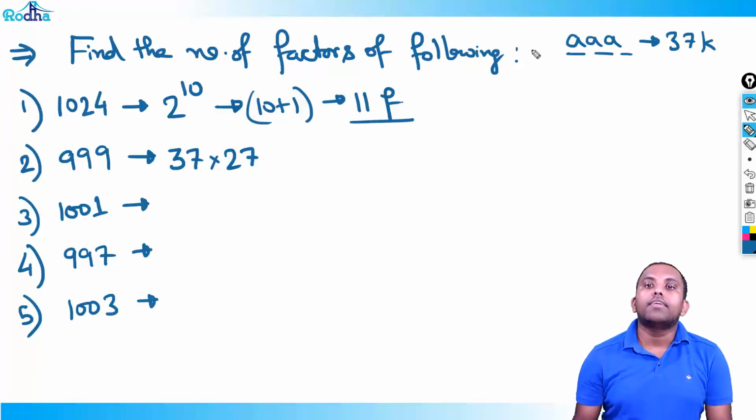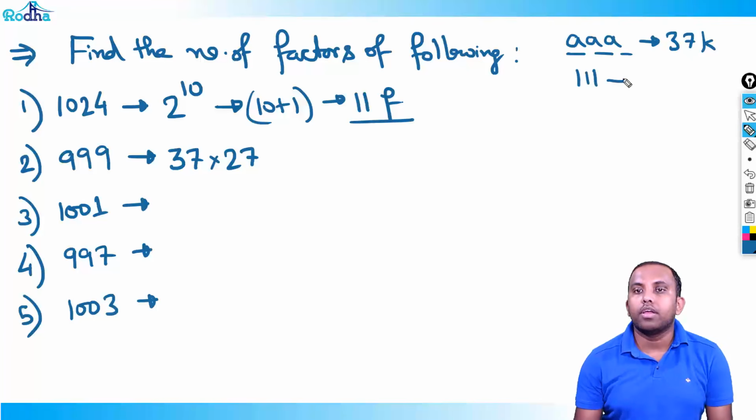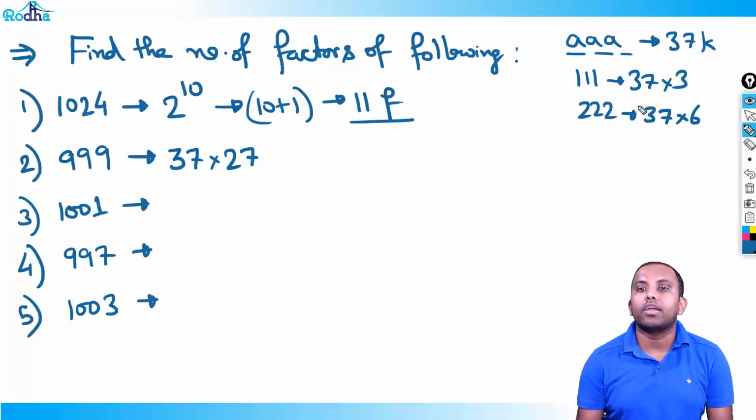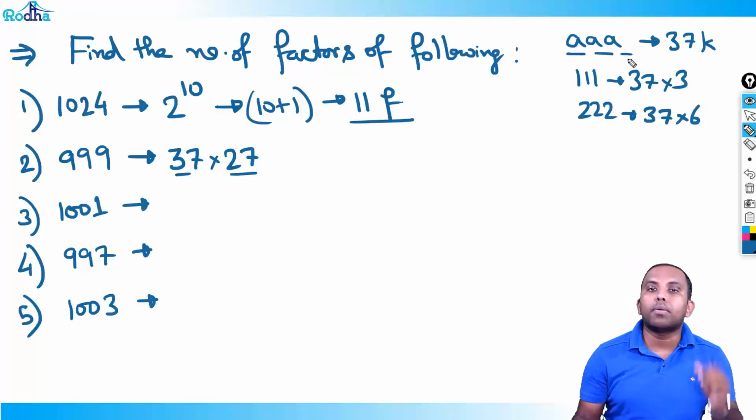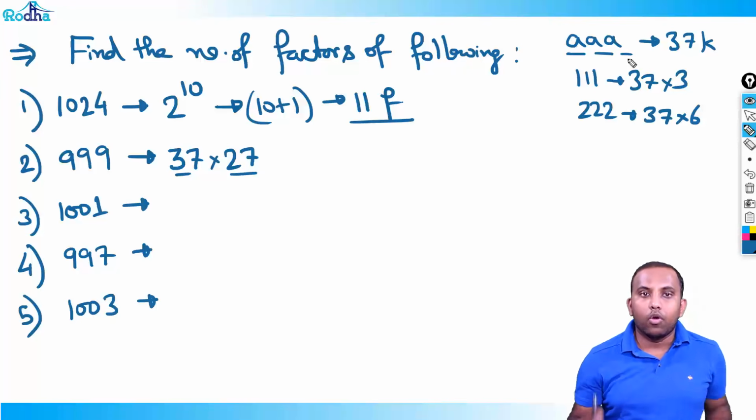Numbers like 111 is 37 into 3, 222 is 37 into 6, like that. So 999 is 37 into 27. It's a very good concept that a 3-digit number with all 3 digits the same is always a multiple of 37.